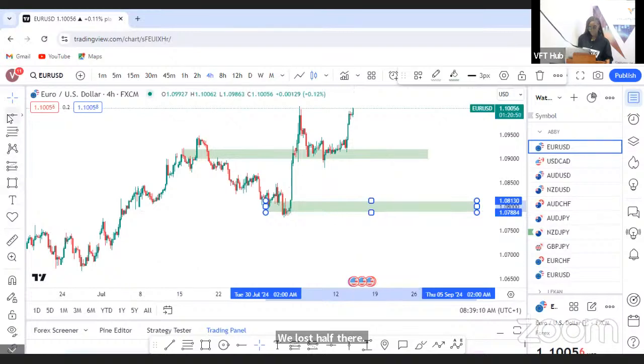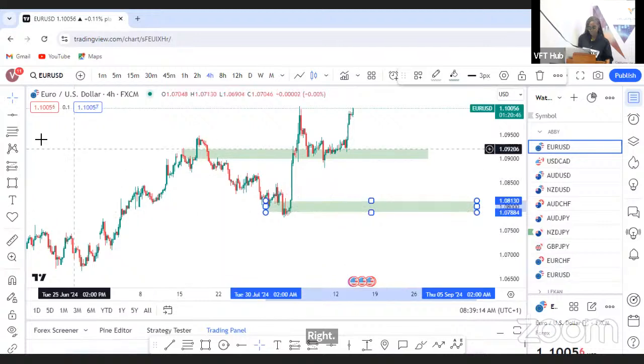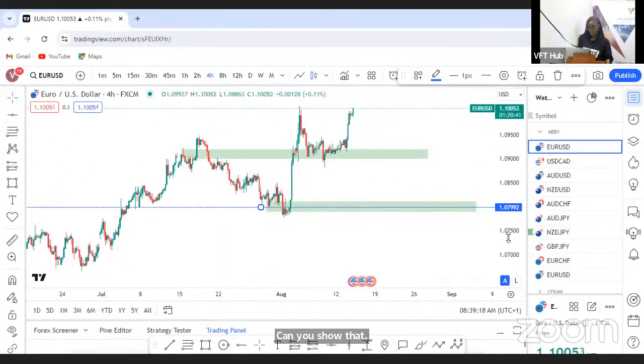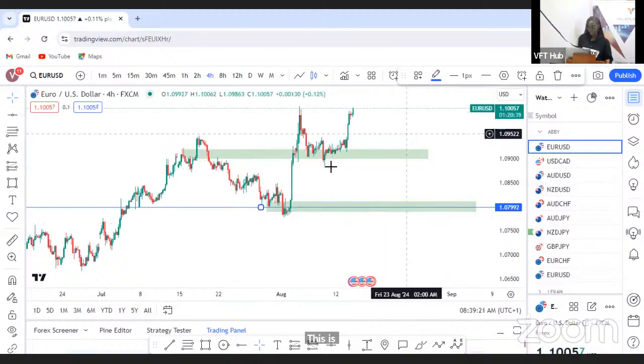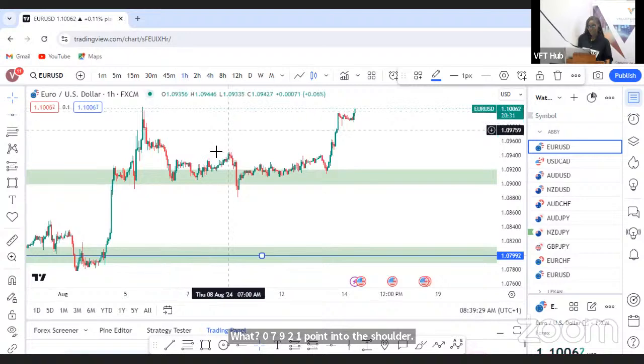So once price returns into the shoulder, at 1.07992, we should be warming up to continue the sell on the box pattern.